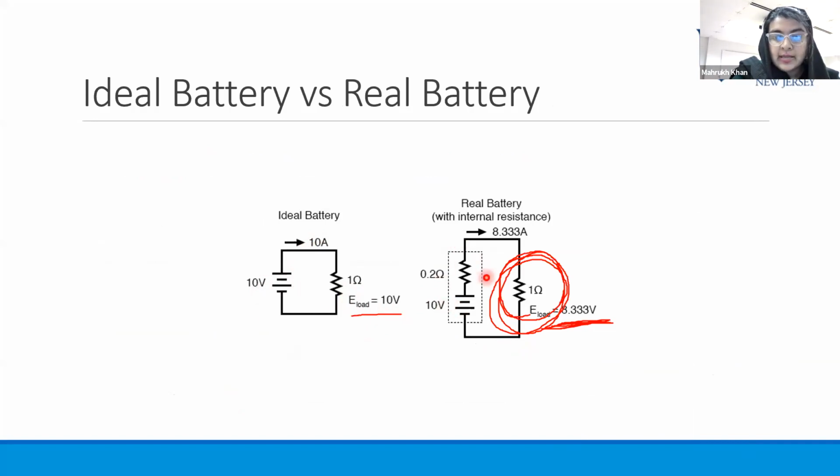It's actually 8.3 amperes current flowing, and the actual E load is 8.33 volts, which is less than the original value. It makes sense, because in the practical scenario we need to tackle real world conditions, okay?